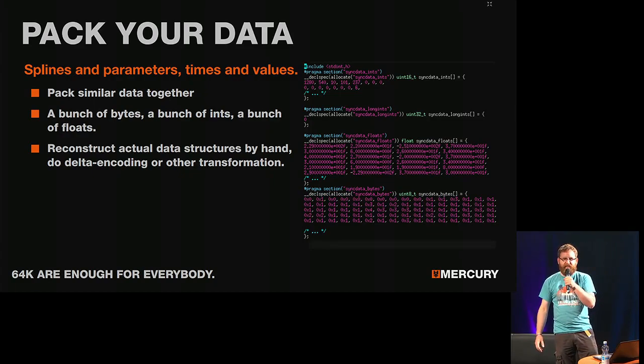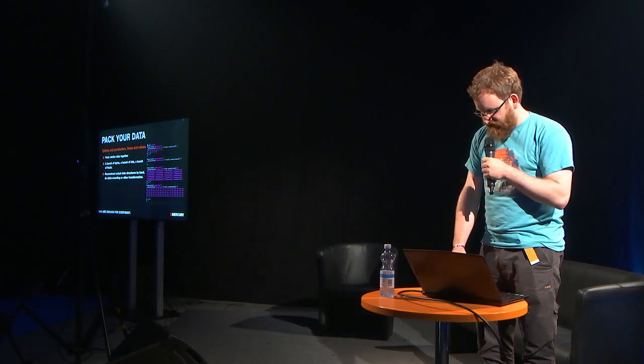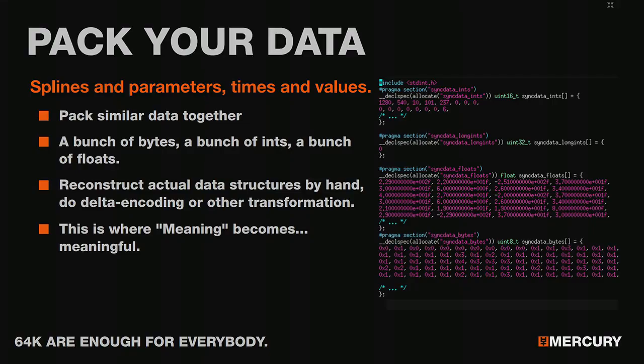If, for example, you have positions, you might want to delta encode them, because if you have stuff at regular intervals, then you always have the same delta, and that compresses well. Or other transformations that might be nice, depending on what it is.